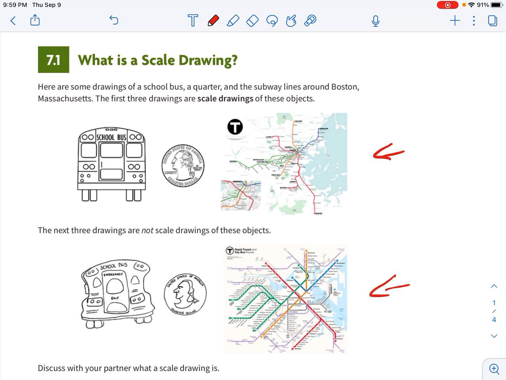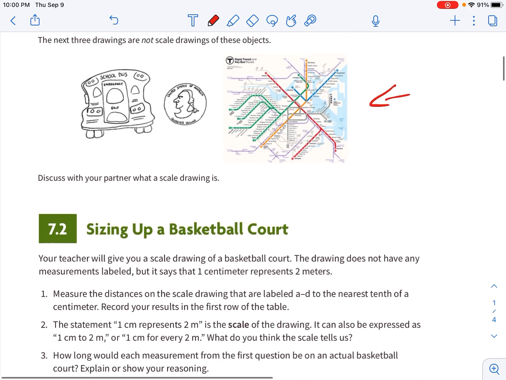So everything changes by that scale factor, and it should look exactly like the original, just smaller. These might be drawings of these images, but they're not to scale, so they're not scale drawings. All the lines aren't exact replicas of the actual lines of the bus, the quarter, and so on.